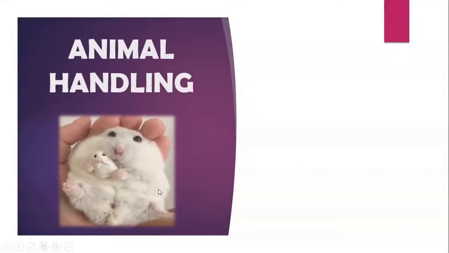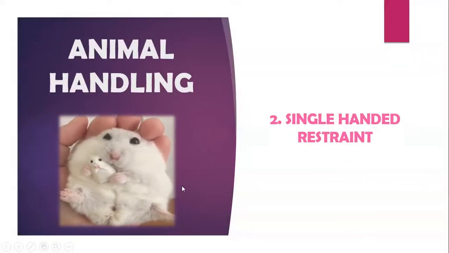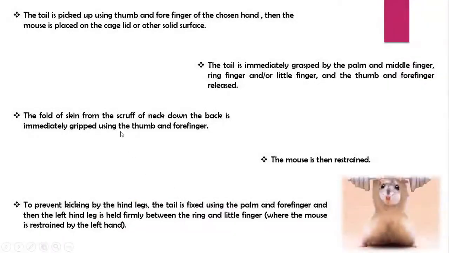Second one is single-handed restraint. In that, the tail is picked up using the thumb and forefinger of the chosen hand. Then the mouse is placed on the cage lid or other solid surface. The tail is immediately grasped by the palm and the middle finger, ring finger and or the little finger, and the thumb and the forefinger get released.